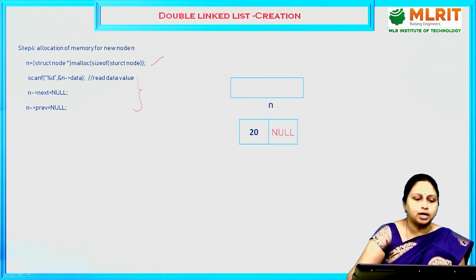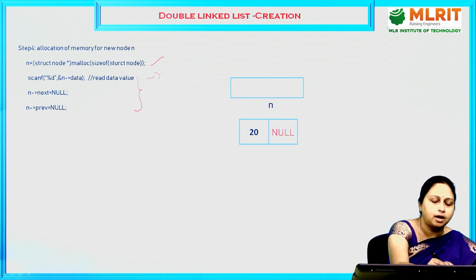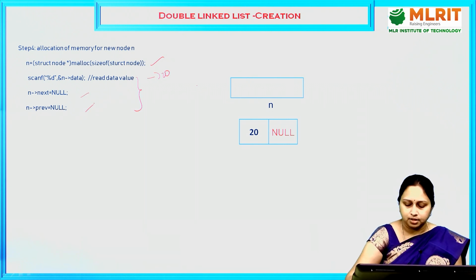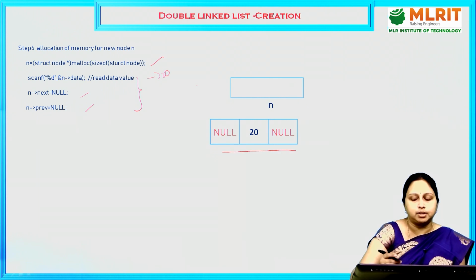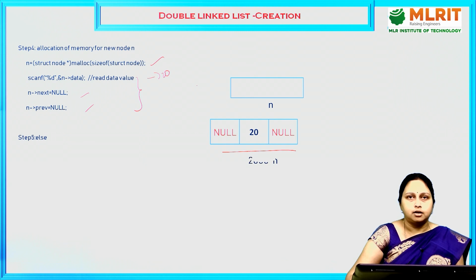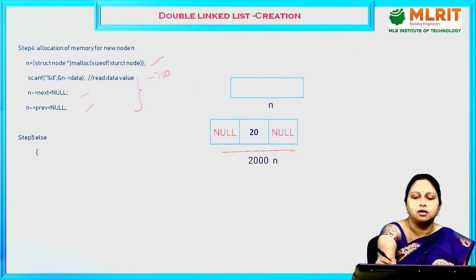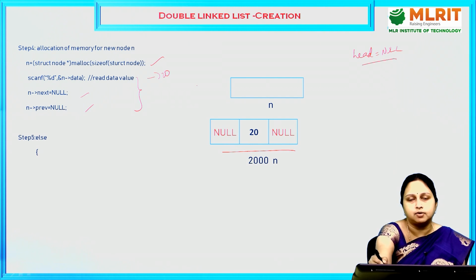Again we allocate the memory, read the data part as 20, and next and previous values are assigned to null, right. Now observe, this is how the node will be created, and now it will be checking for the next condition. The first time head is equal to null, and that is the first condition which we verified.